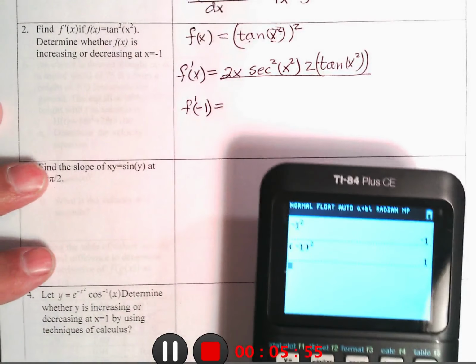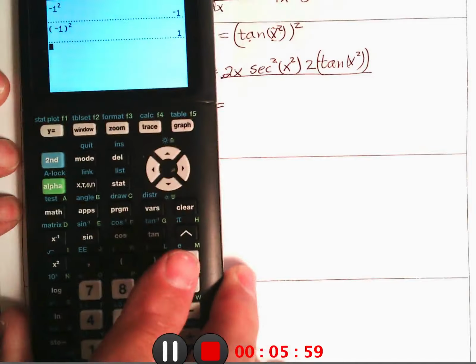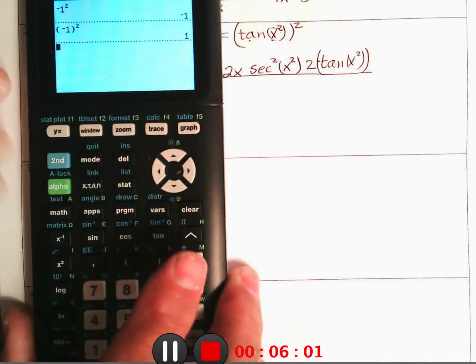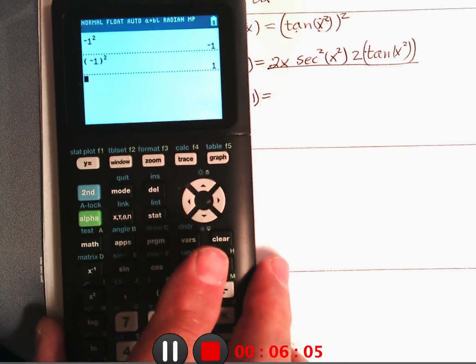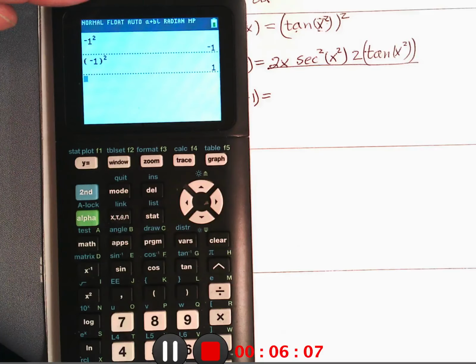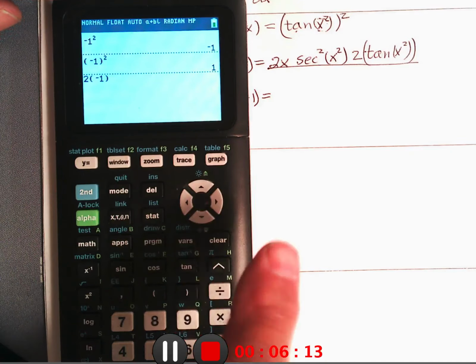Or the alternative is, well, let's do that. So I want to do 2 parenthesis, negative 1, close parenthesis, secant squared.